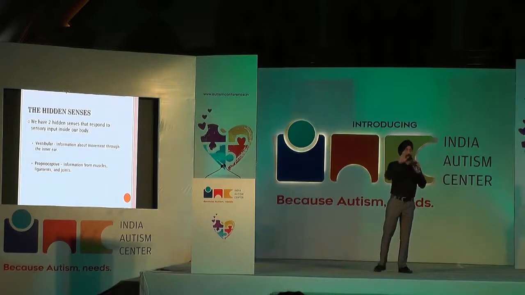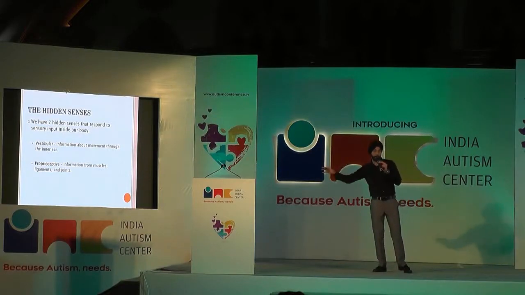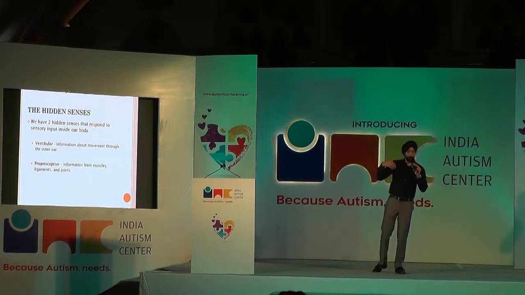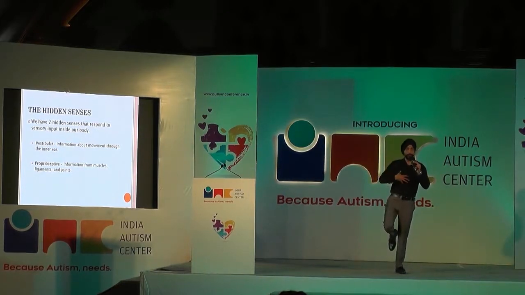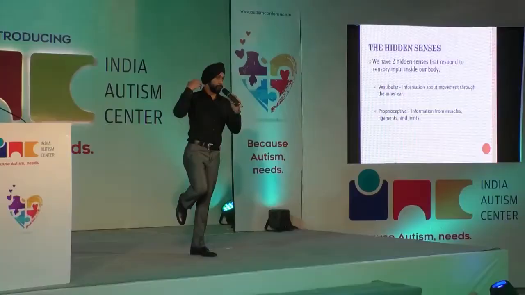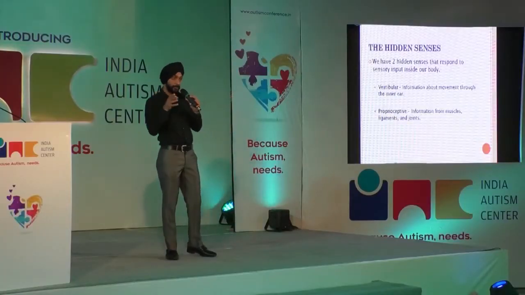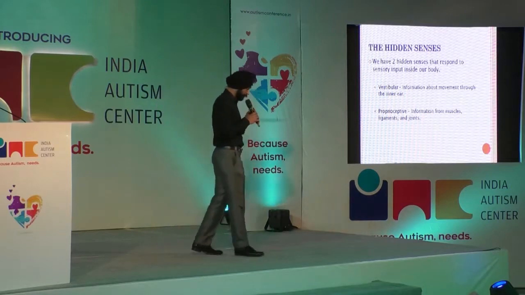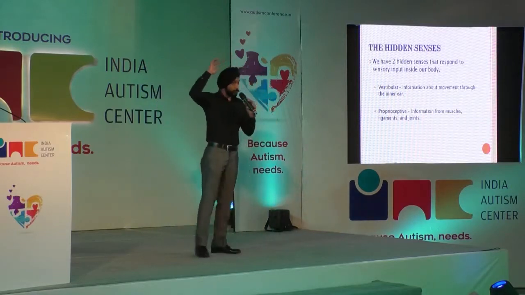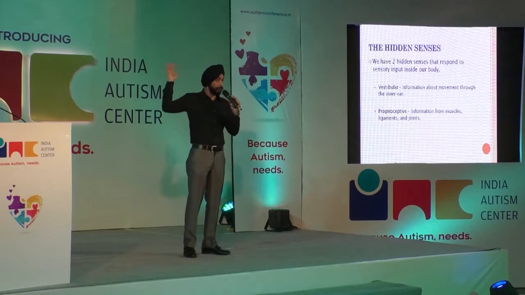Vestibular is equivalent to balance and equilibrium. What does this mean? Supposedly if I'm standing on one leg, I am able to balance myself just because my vestibular system is working very well. The other thing which the vestibular sense does is give me orientation about my spatial level. So I have a good spatial orientation.